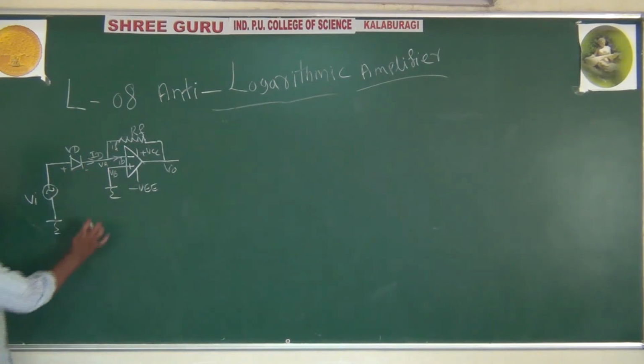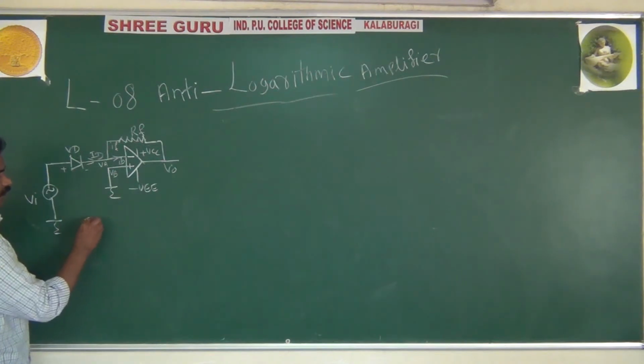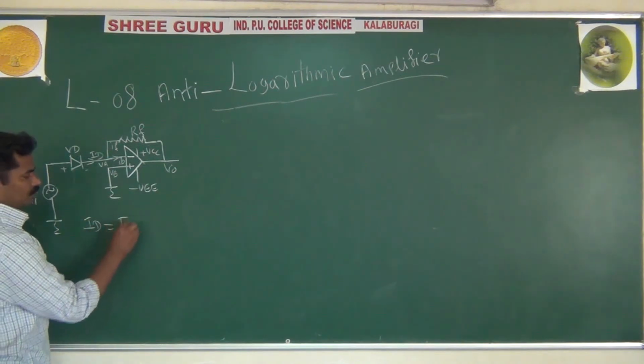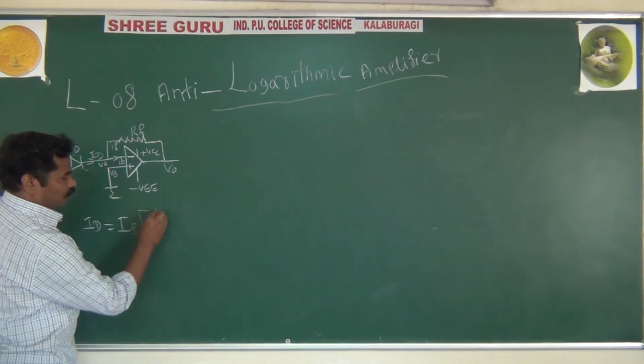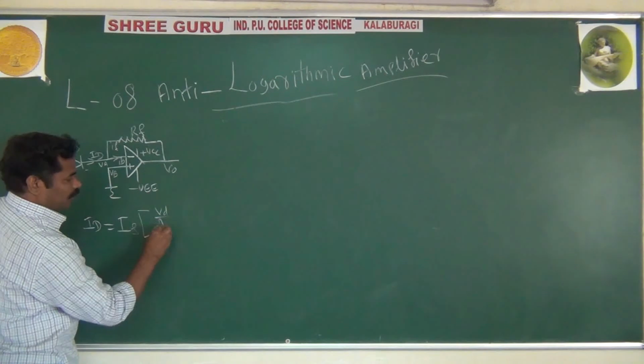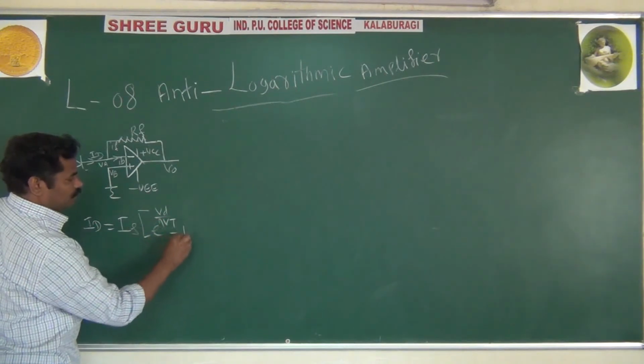Now, the diode equation: we can write ID equal to IS into e raised to VD by eta VT, minus 1.